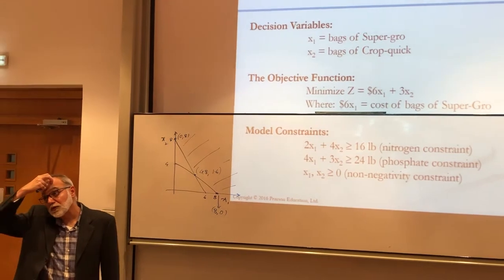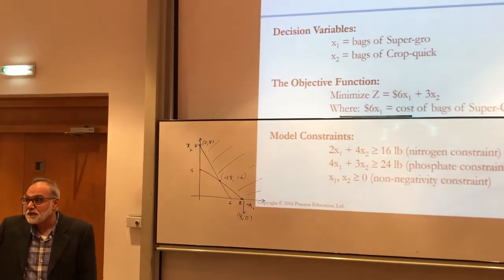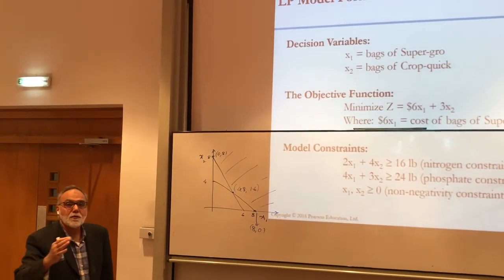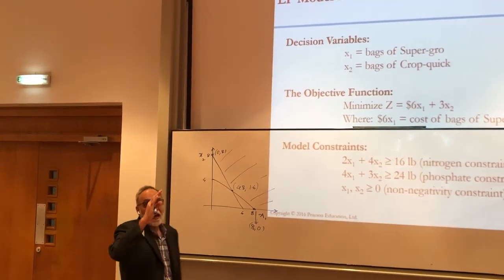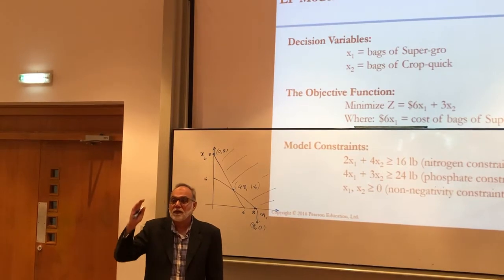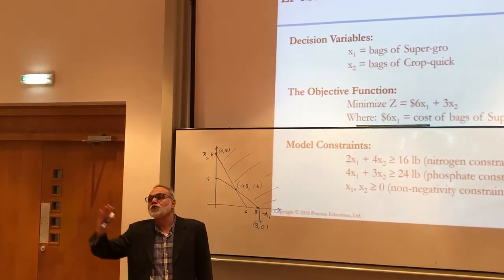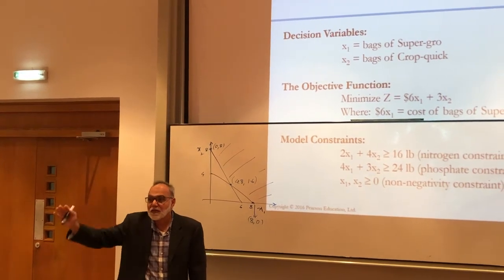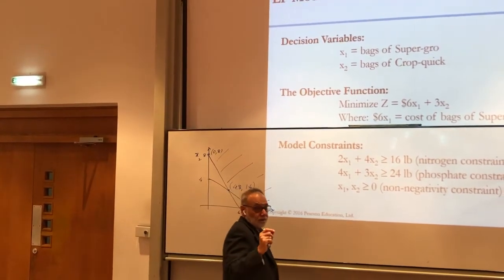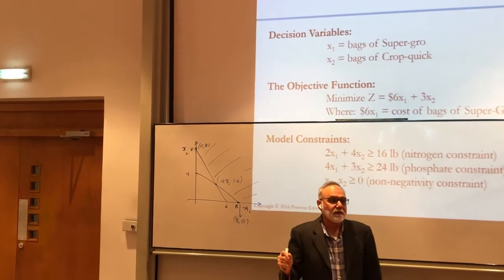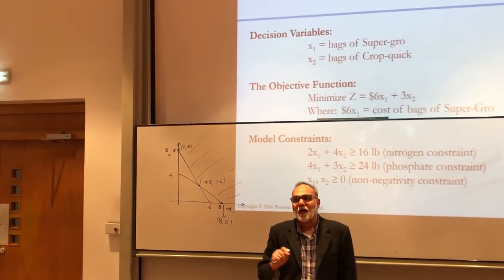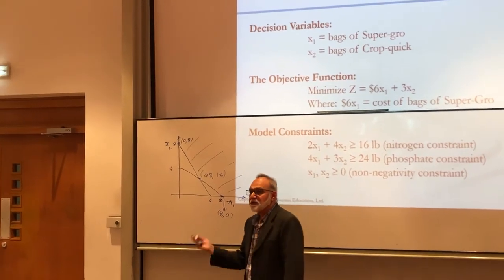Similar to iso-profit. In iso-profit, we were moving away from the origin. We draw the iso-profit line within the feasible region and then move away from the origin. Away from the origin, the last point hit in the feasible region, the extreme point, is your optimal point. Here it is opposite.